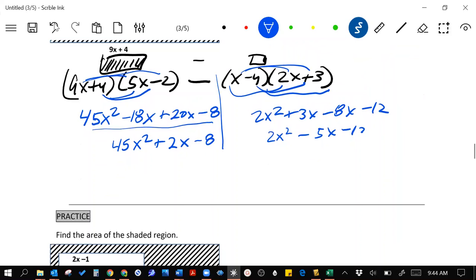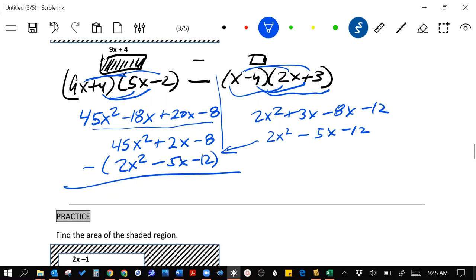So if I'm going to subtract them, I'm going to bring this one over here and subtract 2x squared minus 5x minus 12. You have to be really thoughtful about that, because remember the lesson last month: if you're subtracting one of these from the other, you have to subtract each term.